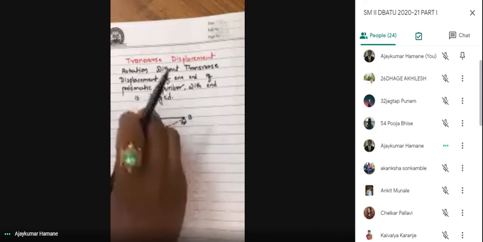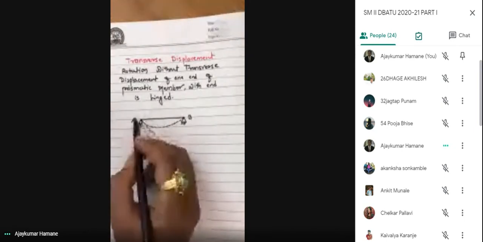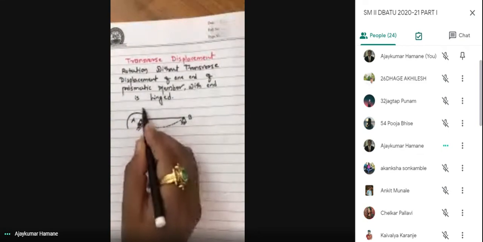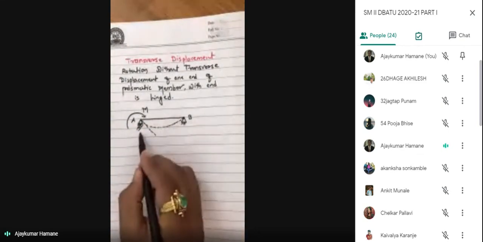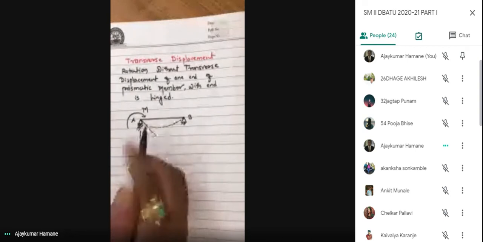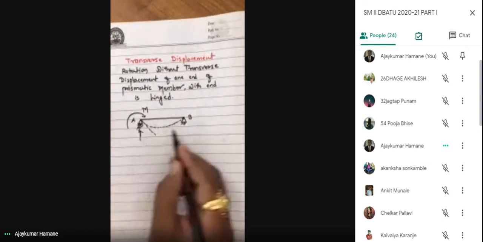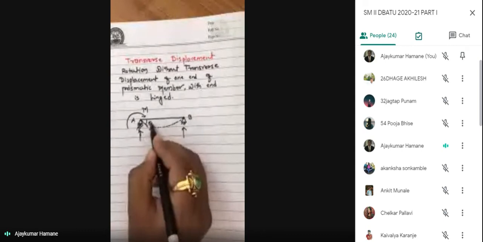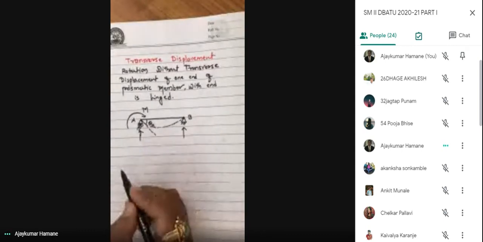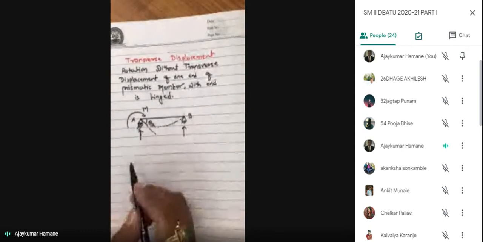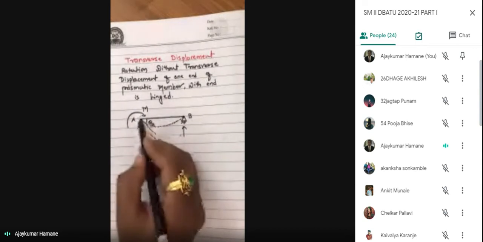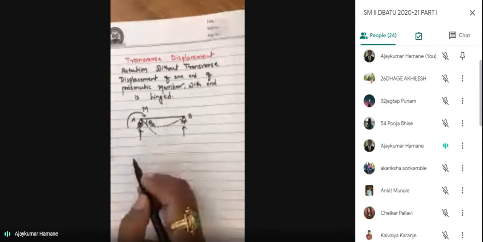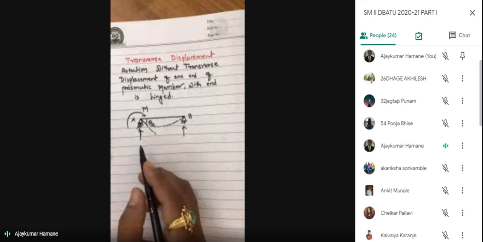When we want to rotate this joint, we should apply a moment M, and this rotation will be theta A. We'll find out, when we apply a moment at a joint for a rotation, what the reactions are.